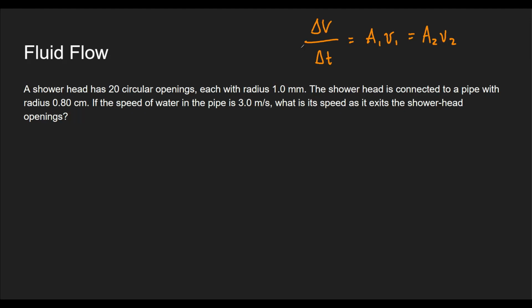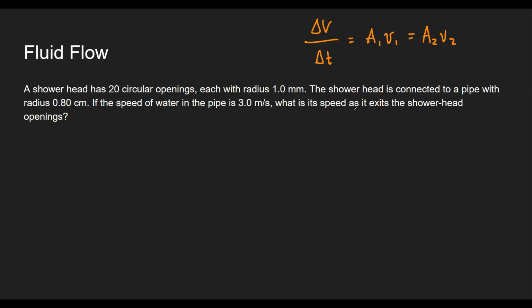So the first part of the equation is just the volume flow rate of a liquid. The next is the speed of flow at 2 points, so from 1 to 2. And the area is just the cross-sectional area of a tube.